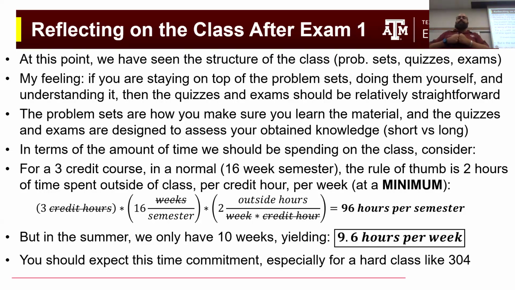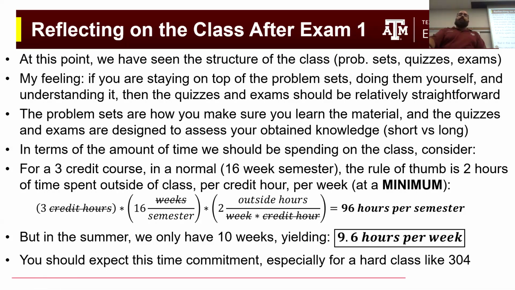One thing that I would consider, if you are struggling with the class or found that the exam was more difficult than you were expecting, is to reflect on how much time you're actually putting into the class. In general, the rule of thumb for a 3 credit hour course in a normal 16-week semester, and the recommendation that I see a lot, is 2 hours of outside time per week for every 1 credit hour.